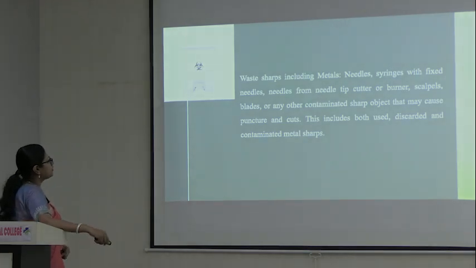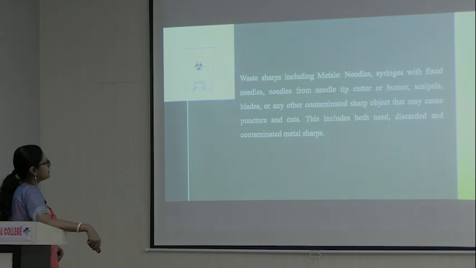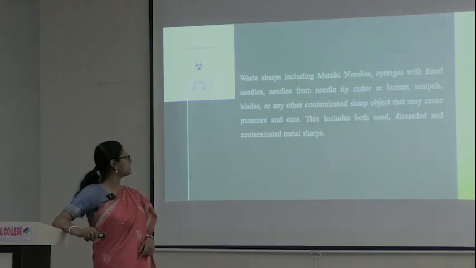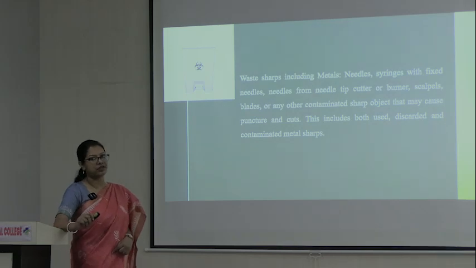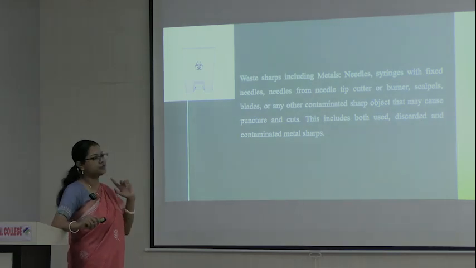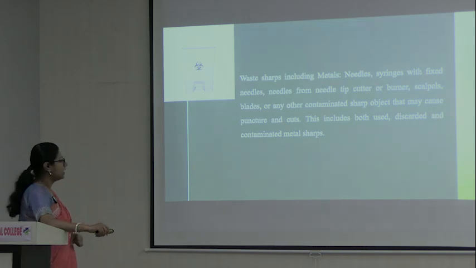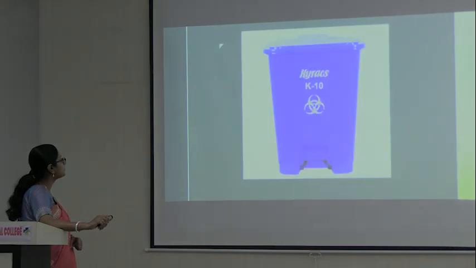Waste sharps including metals like needles, syringes with fixed needles, needles from the needle tip cutter or burner, then scalpels, blades, or any other contaminated sharp objects that may cause puncture or cut. For that reason, this needs to be puncture proof. These include both used, discarded and contaminated metal sharps.